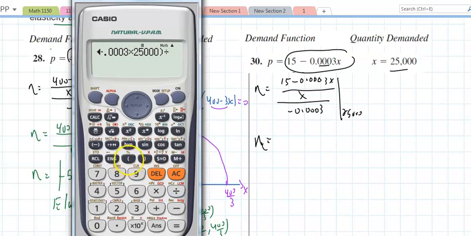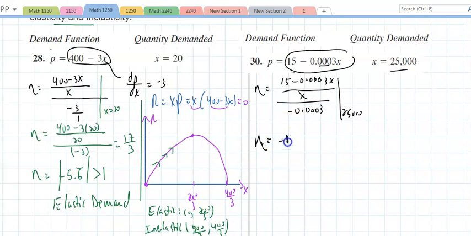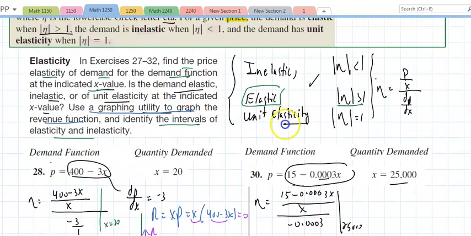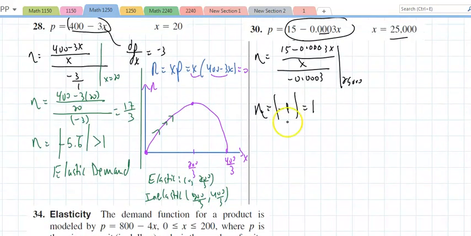X is 25,000. Again, I could put the whole thing in one shot, divided by a negative 0.0003. All one shot. I'll get it to be a negative 1. In absolute value, that's 1. So we say this is unit elastic. Unit elasticity.